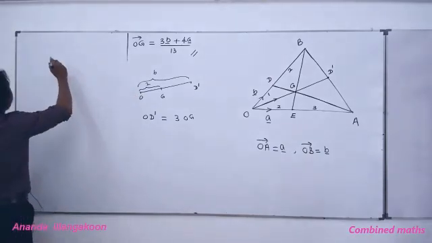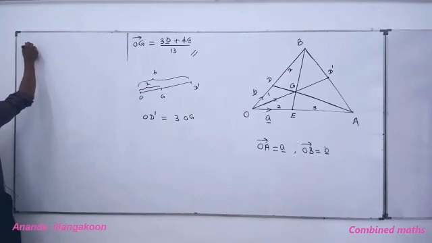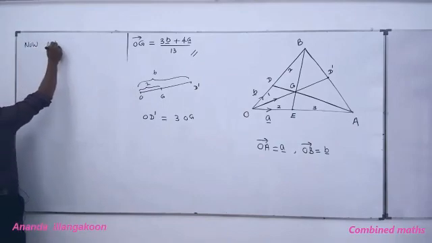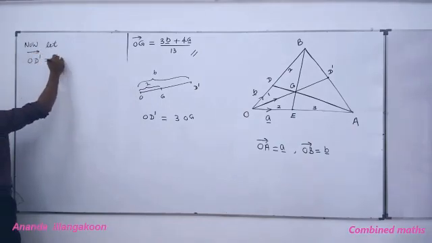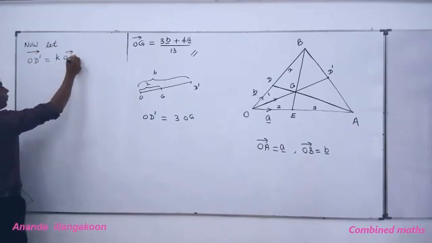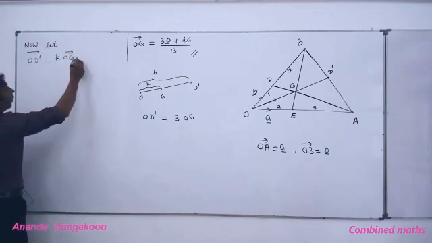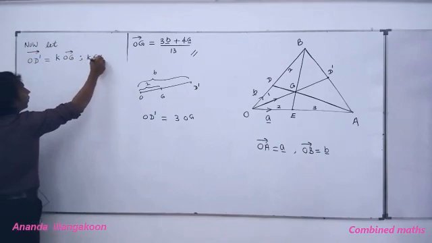Now let OD dash vector be equal to K times OG vector. What is K? K is a real number.